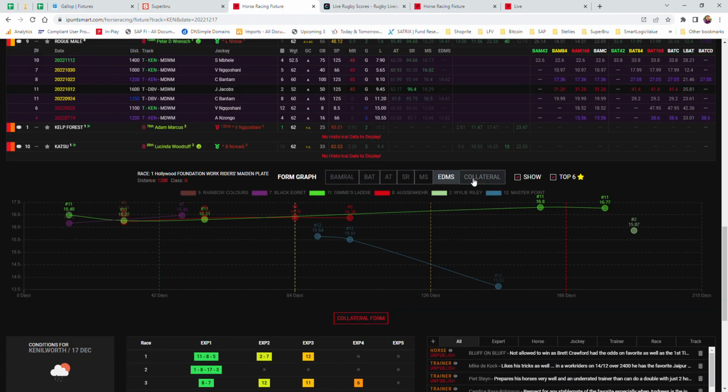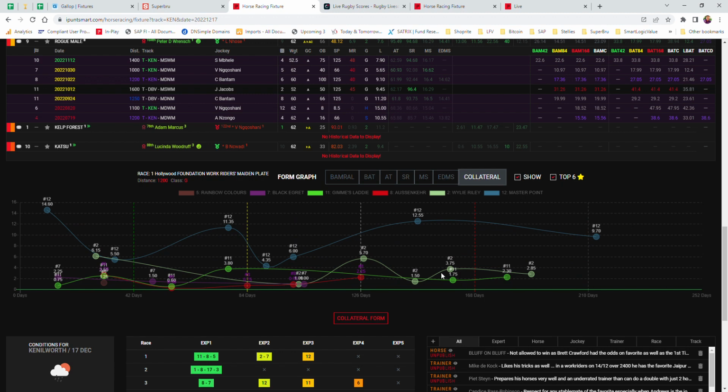And then last but not least, we also added collateral form now for you. So you can quite easily now see when the horses have run against each other on the same day, and that is obviously based on lengths and not bomb roll lengths or bat lengths. And if you hover over it, you can see the difference of the kilogram weight carried between today and the previous time.